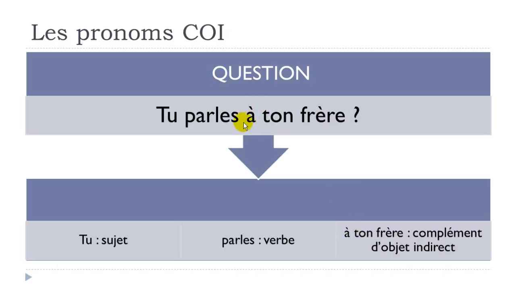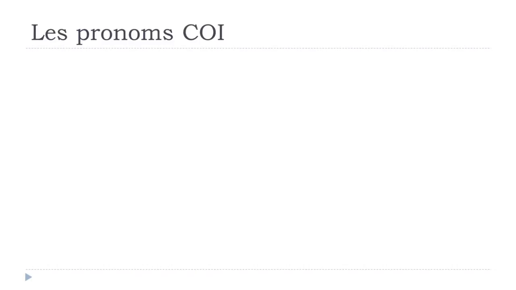So in the previous lesson we saw the direct ones, without any preposition, but in this lesson it's indirect because you've got the preposition à here, and it will change things.